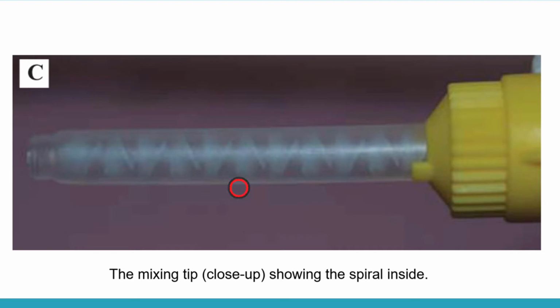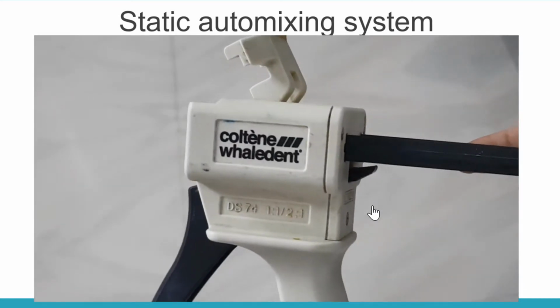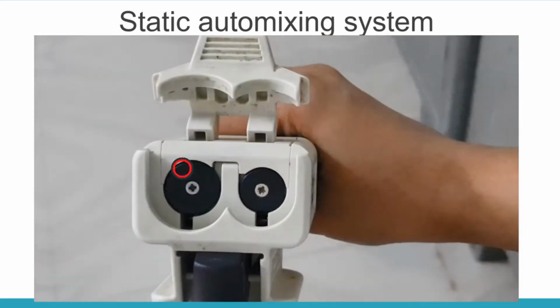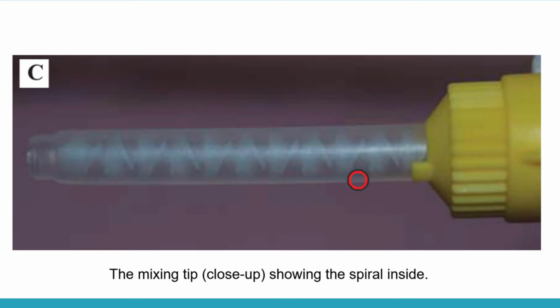You can see spirals inside. When you press the trigger, the black one, here will be the cylinder. That will lead to mixing of both the materials because of the spiral, and it will come out.